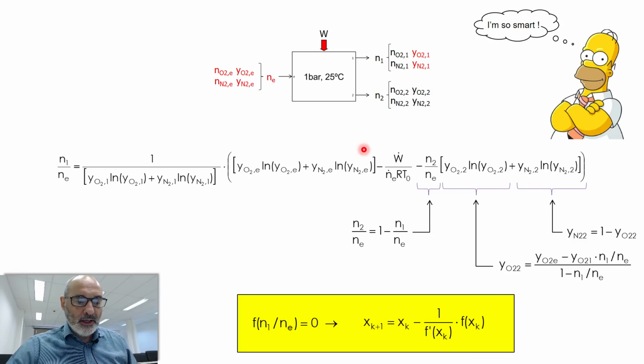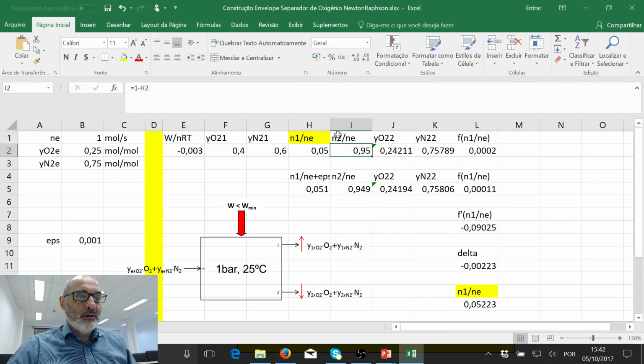let me go back to the presentation. If I already estimated N1 divided by Ne, I can calculate N2 divided by Ne, which is here. 1 minus H2, here, is the cell H2, okay? So I have 0.95.